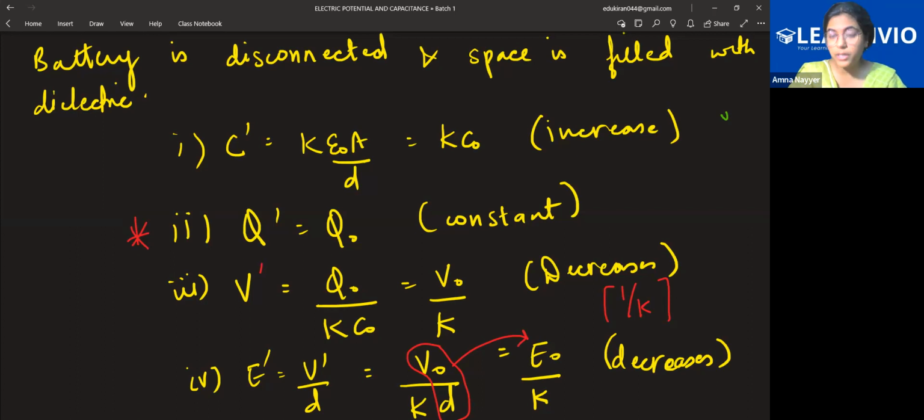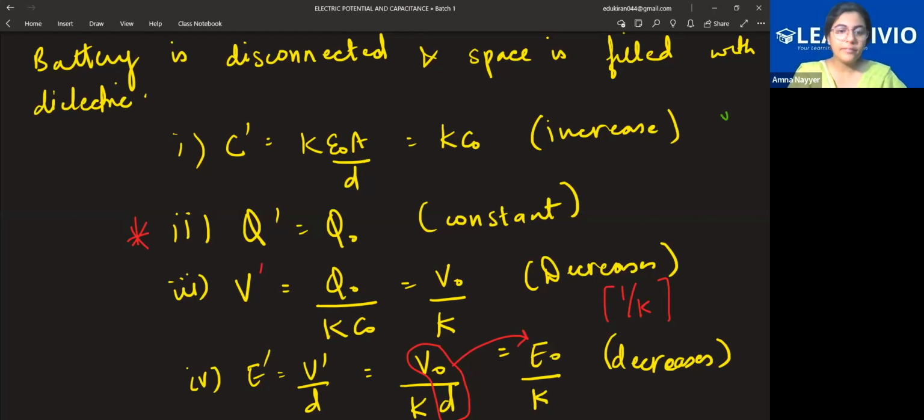This is one of the quantities that remains constant, and potential is the one that remains constant when the battery is connected. Then the potential difference decreases by K times because it gets divided by K, so this becomes 1 by K times.